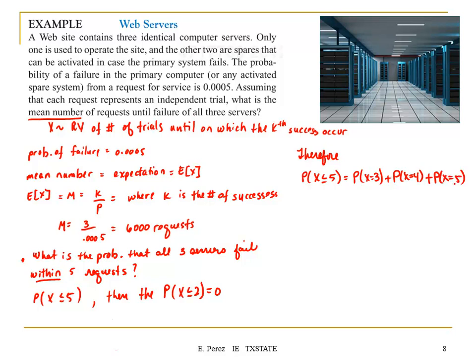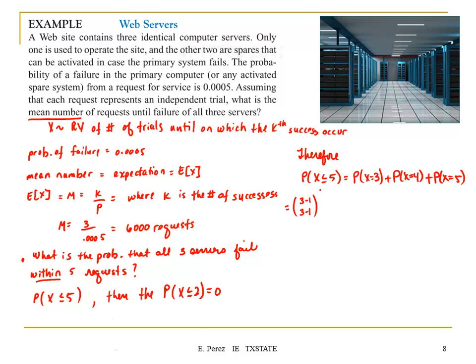So you know that all of them can fail if you have 3 requests, all of them can fail if you have 4 requests, all of them can fail if you have 5 requests. 5 is the top provided by the question. So if you solve this, let me write the expression for you.